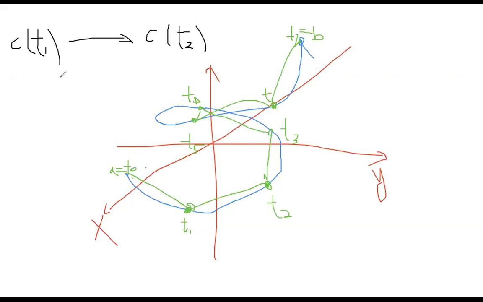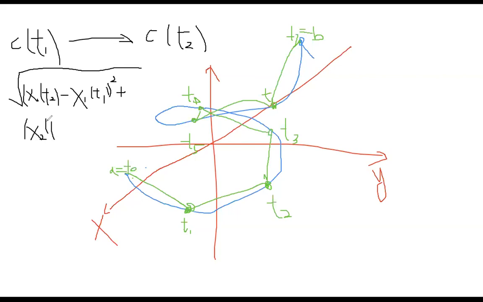So the length of the vector here is the square root of the argument in x1 squared, plus the argument in x2 squared, and so on, all the way to xn squared.